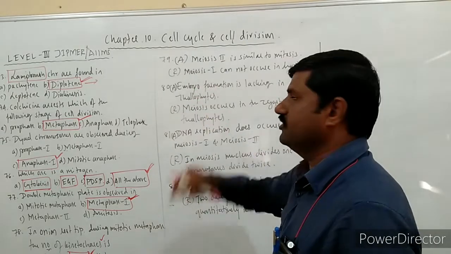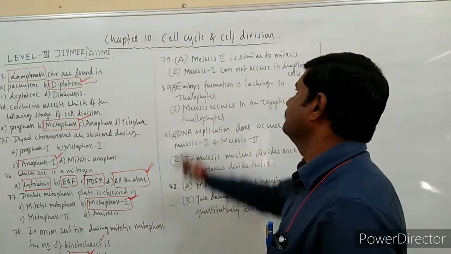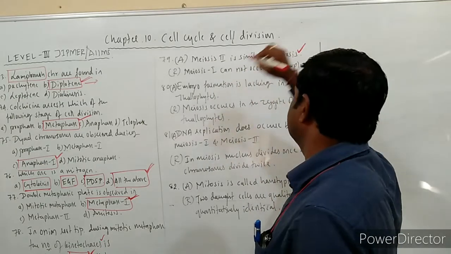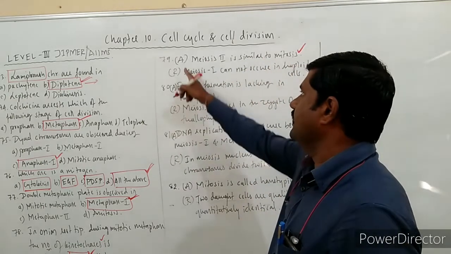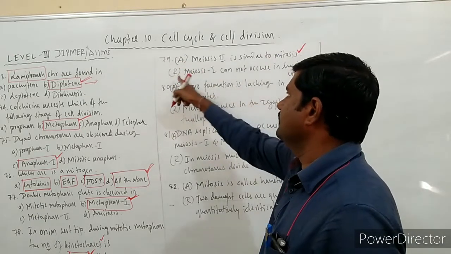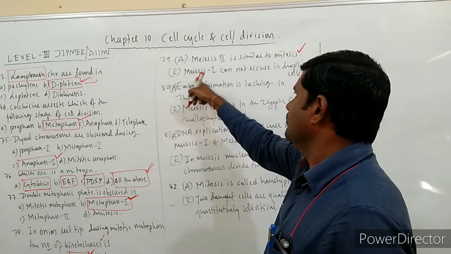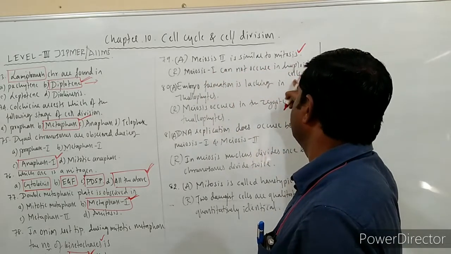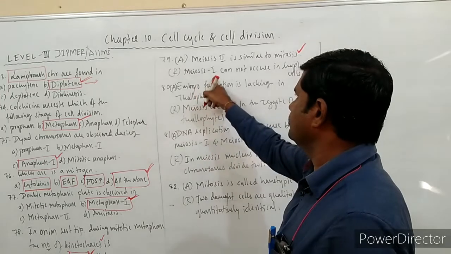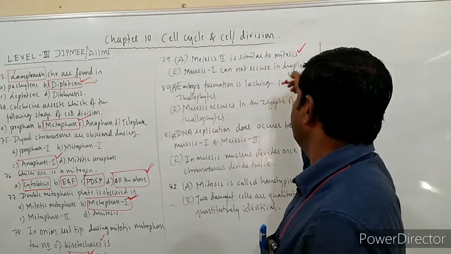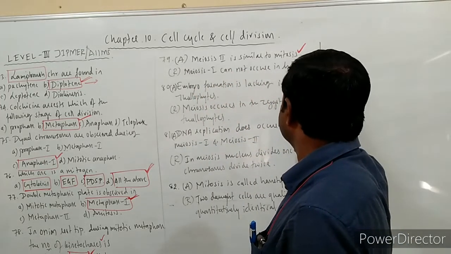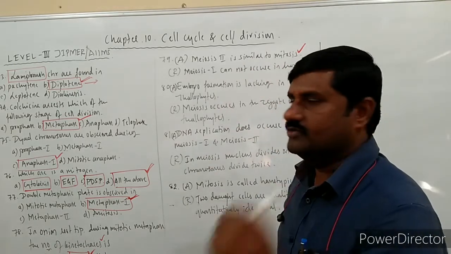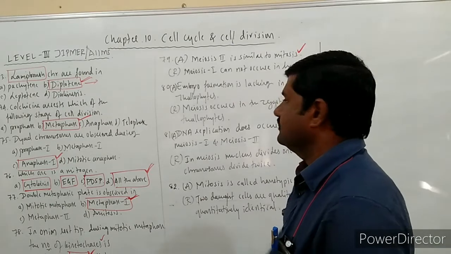I am going to analyze all these statements now. Meiosis 2 is similar to mitosis. Of course, it is 100% right. So statement A, that is assertion, is right. And reason: meiosis 1 cannot occur in haploid cells. Of course, it's also a right one. Then analyze the answer there yourself.